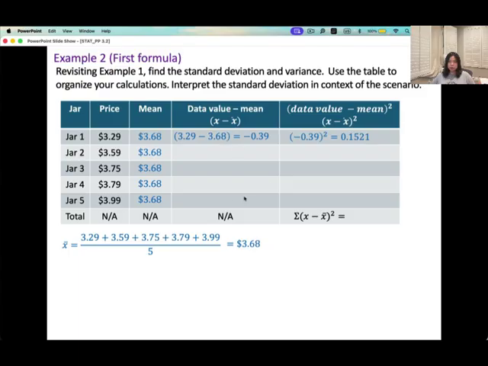Okay, I want you guys to try to finish this one. Subtract the price data minus the mean, and then take the square. Try to finish this table. After you're done, add it all up here. Okay, summation of this one, add it all up, find out the total.